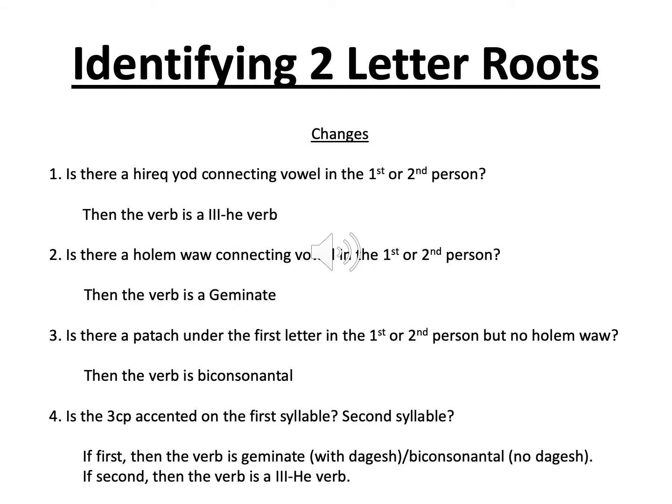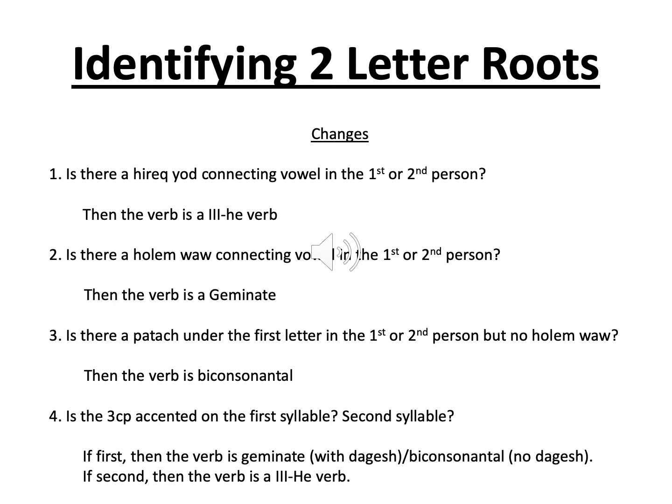All of this information regarding geminate and biconsonantal verbs may seem overwhelming, so let me boil it down to a few steps to identify two-letter roots. First, is there a hirik yod that serves as the connecting vowel in the first or second person? Well, then the verb is a third hey verb. The hey will often appear in the third person, which will indicate as well that it's a third hey verb.